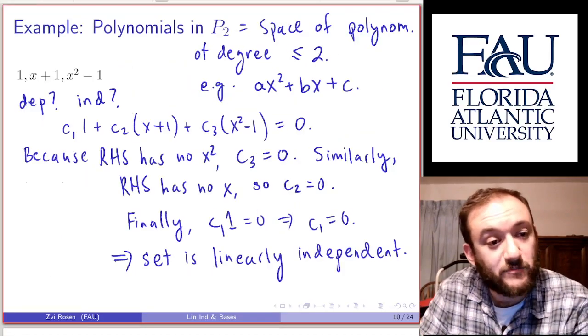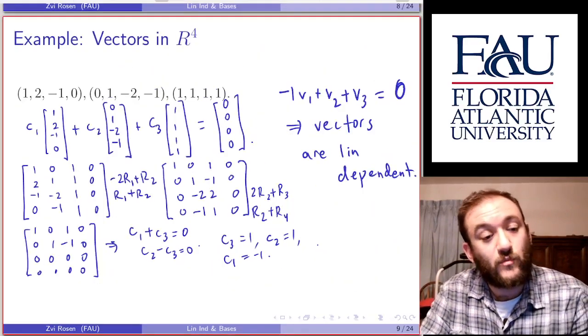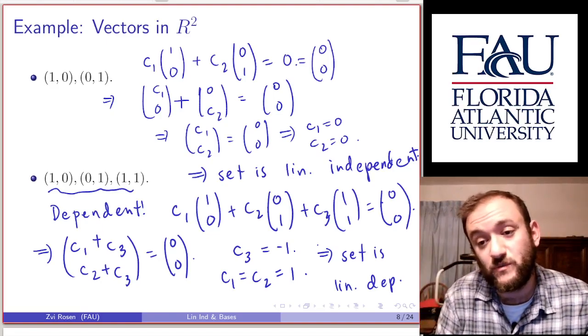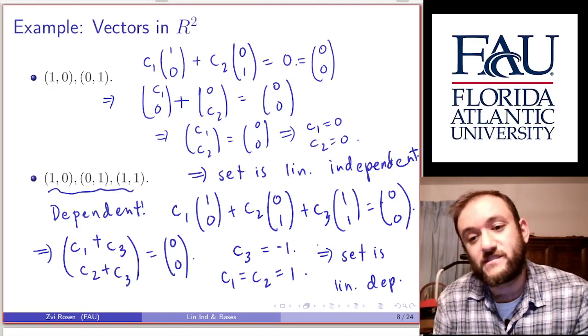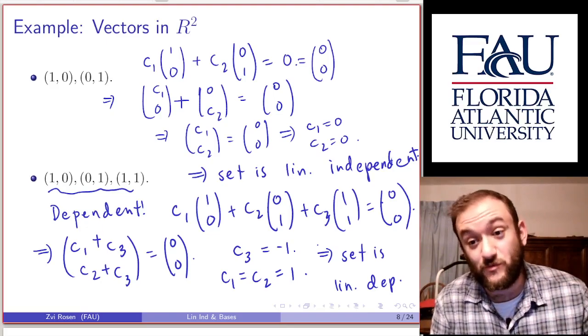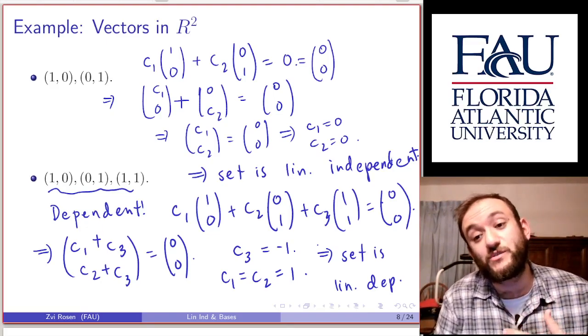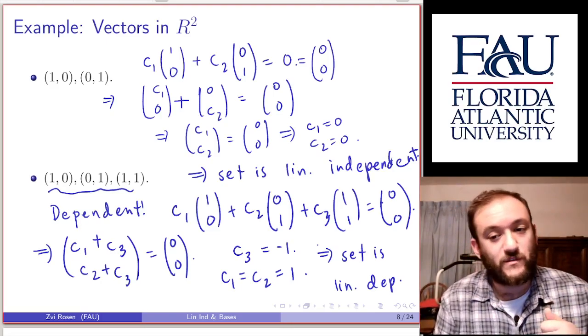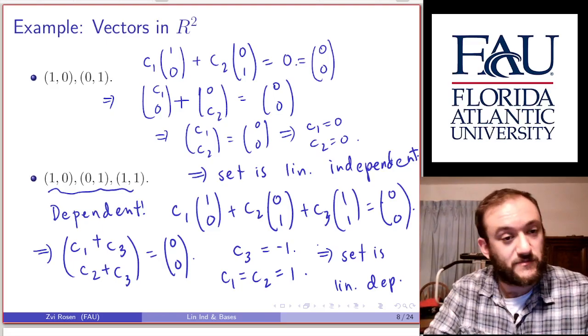So looking back a bit, we had up here an example with 3 vectors in R2. We could have just observed, hey, this is 3 vectors, but we're in R2, so since 3 is bigger than 2, we can be sure that this is dependent.